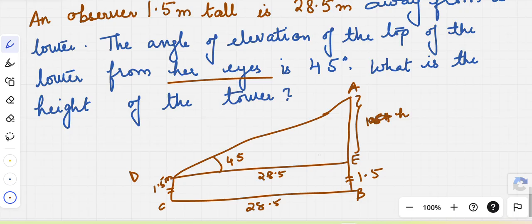I would make the entire height of the tower as h. So this will become h minus 1.5. Now, this is the triangle I'm talking about. People who have not done it can do it now.